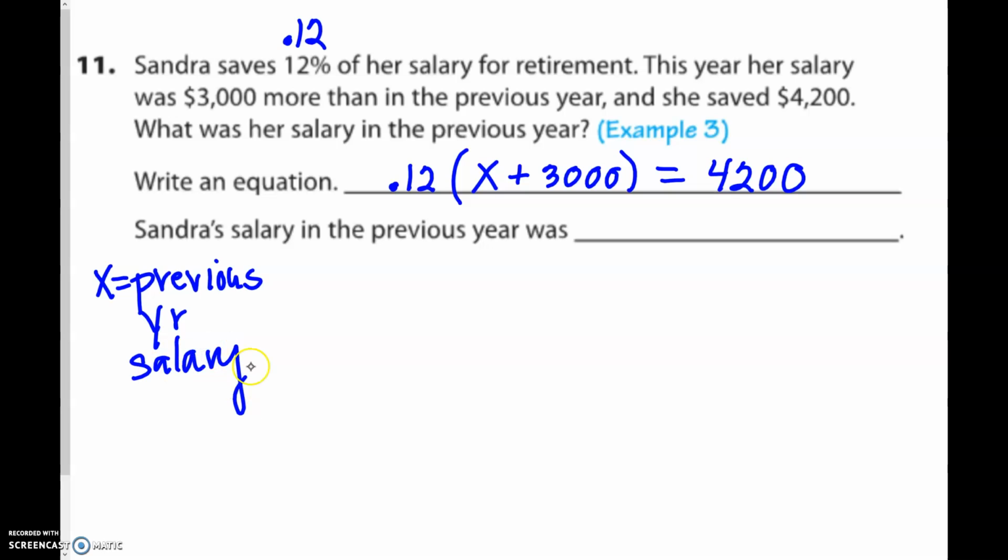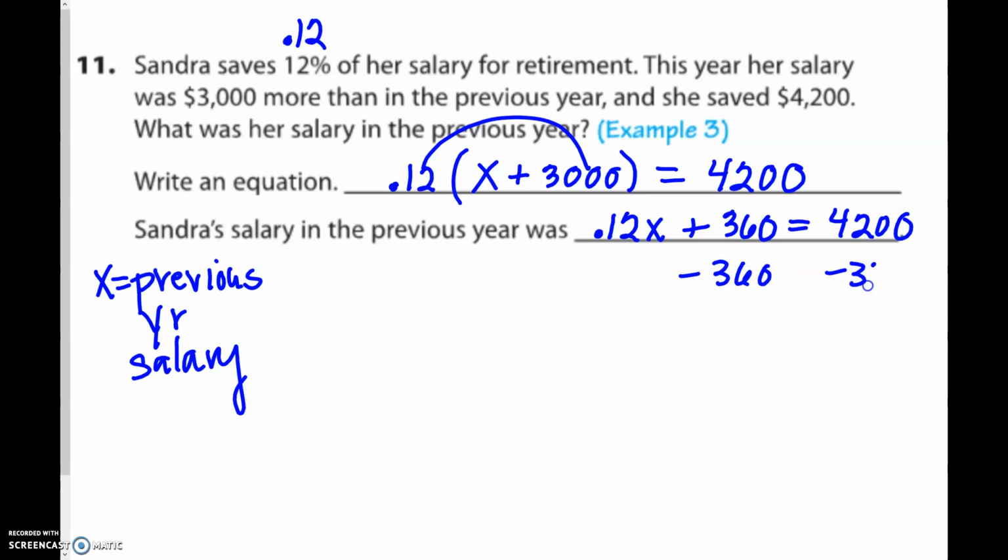So this year's salary is going to be X plus $3,000. So if last year's was $20,000, this year it would be $23,000. So let's find out how much she made in her previous year. So we're going to do the distributive property. So we get 0.12x plus, and now we have to take 0.12 times 3,000, and that comes out to be $360, equals 4,200. And we're going to subtract 360 from both sides.